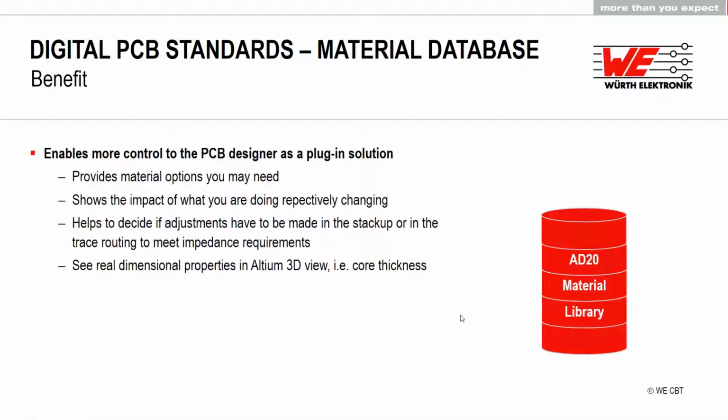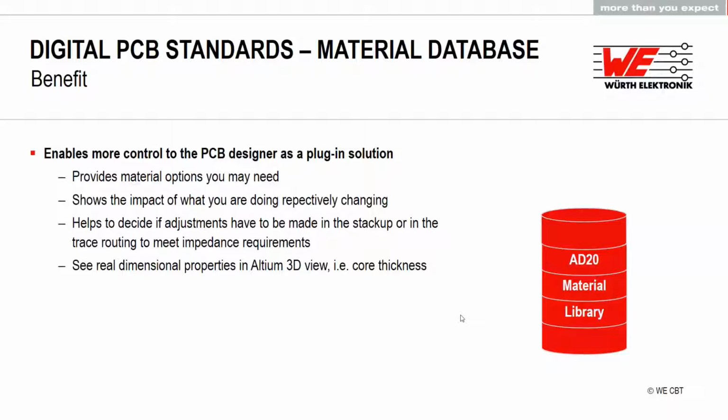What is the benefit of using this material database? Firstly, and I think this is a new feature that's pretty important for you, it enables more control for the PCB designer as a plug-in solution. So you can just install it into your Altium Designer, and the database provides a lot of material data and shows you options you may need in meeting the requirements in your project.